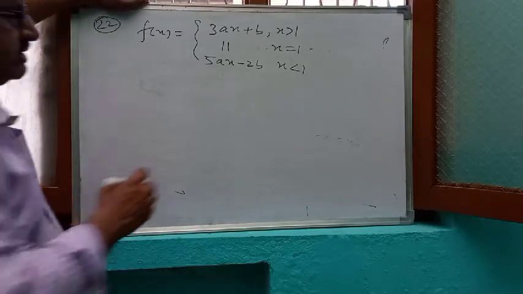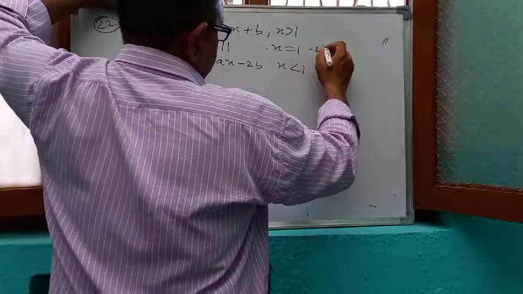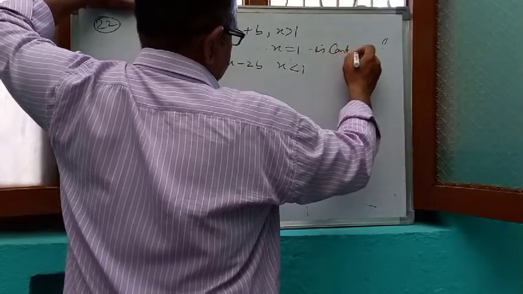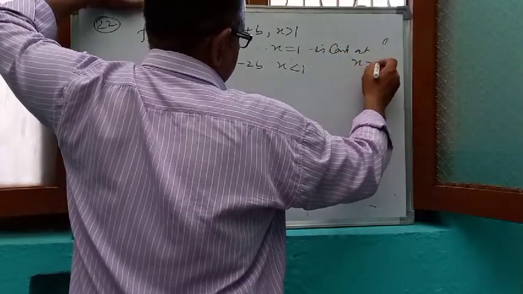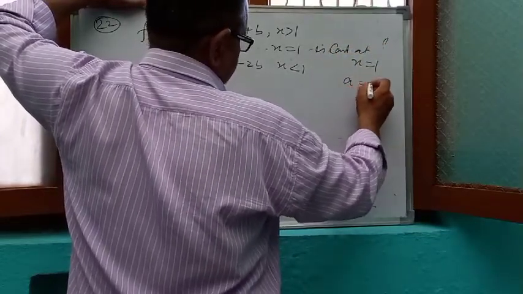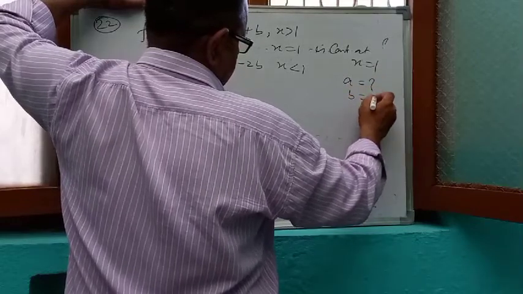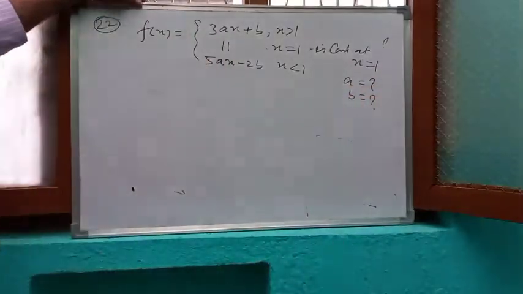It is continuous at x is equal to 1. We have to find the values of a and b.